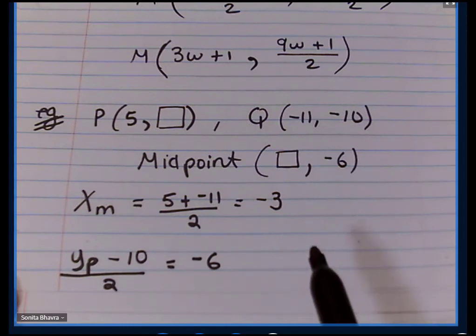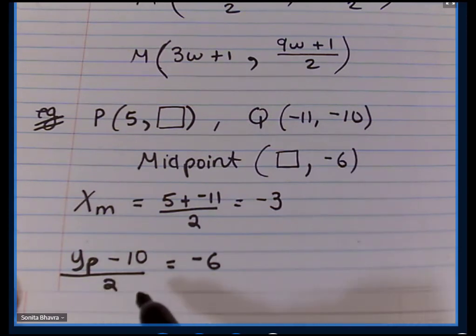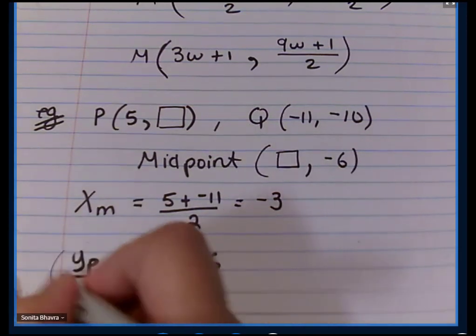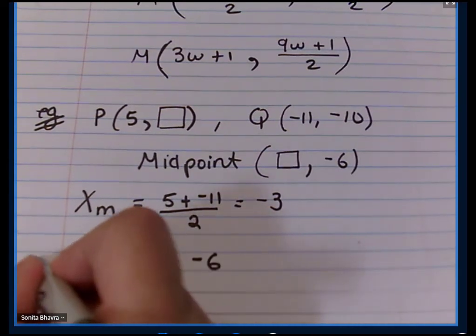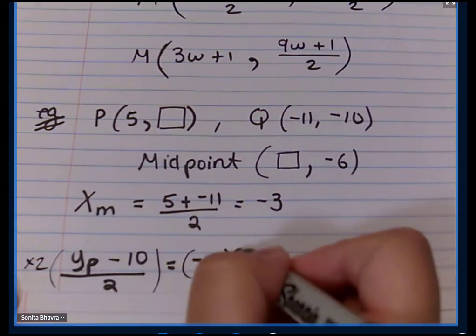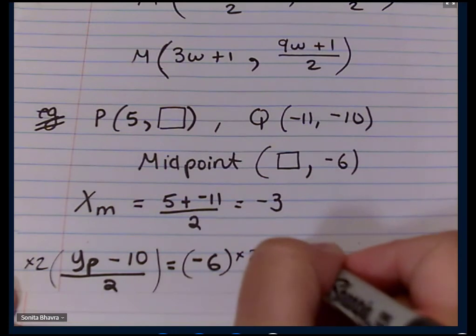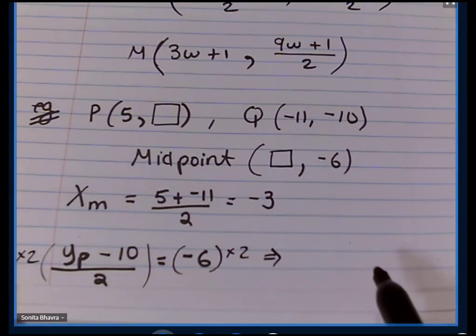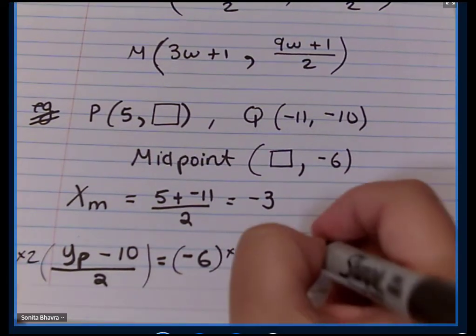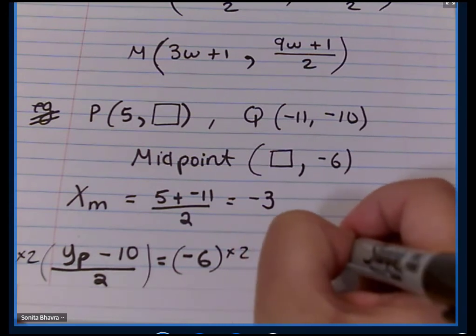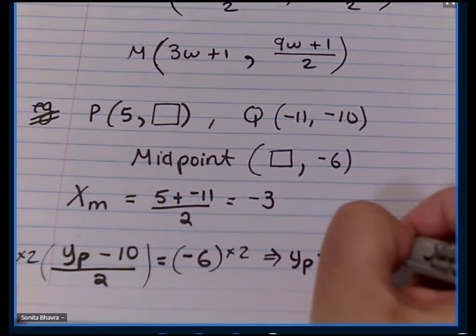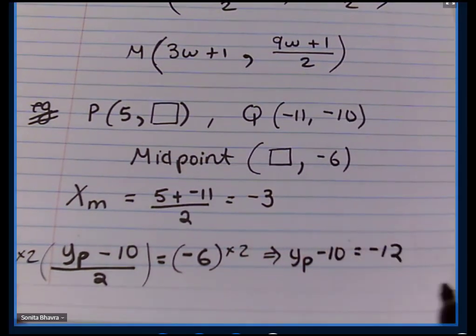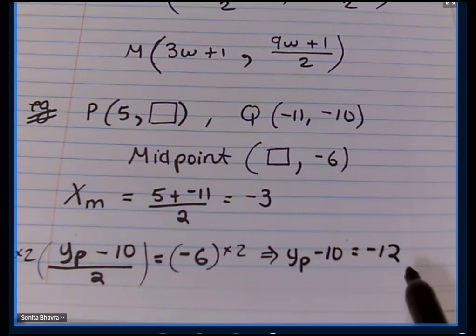So the first thing I'll do is get rid of this 2 by multiplying both sides by 2. That gives me yp minus 10 is equal to negative 12. All right, and then we'll add 10 to both sides.